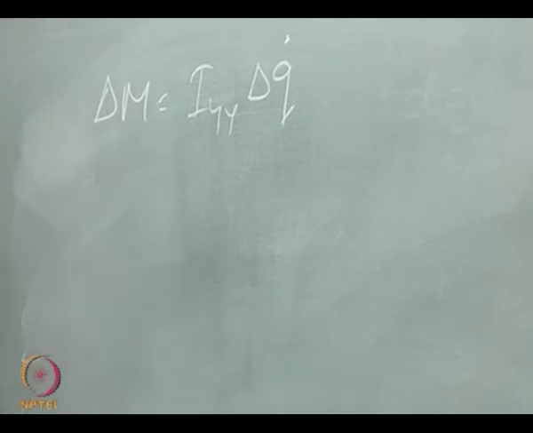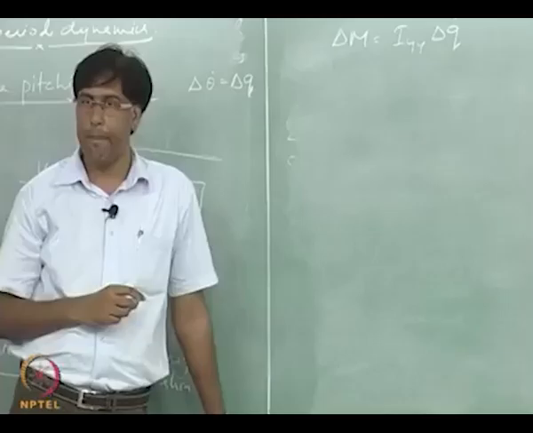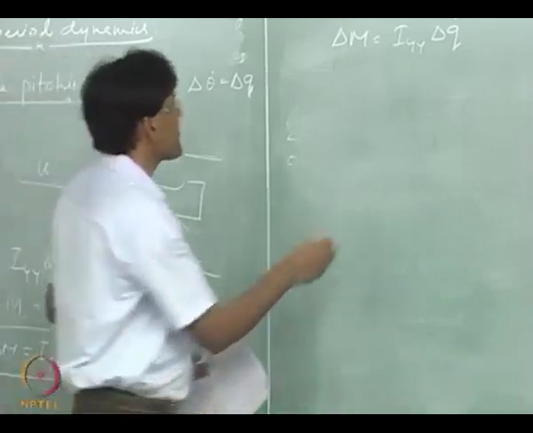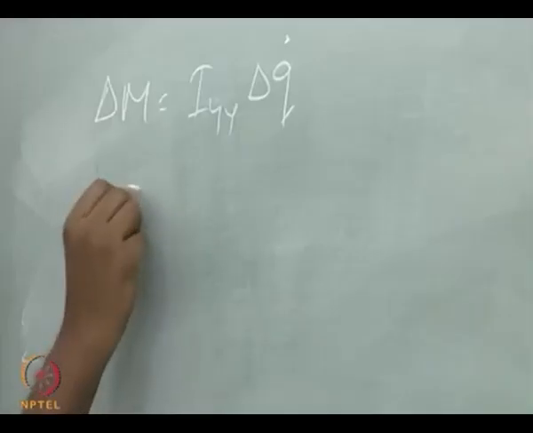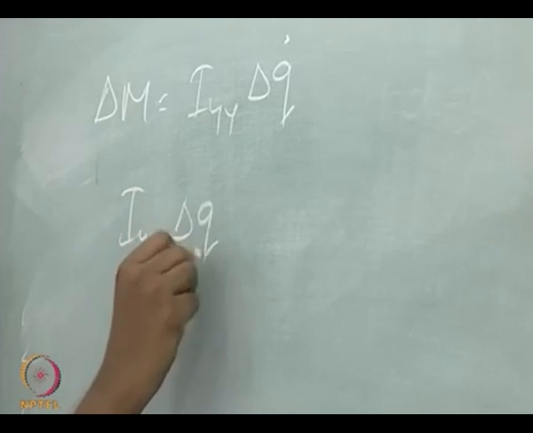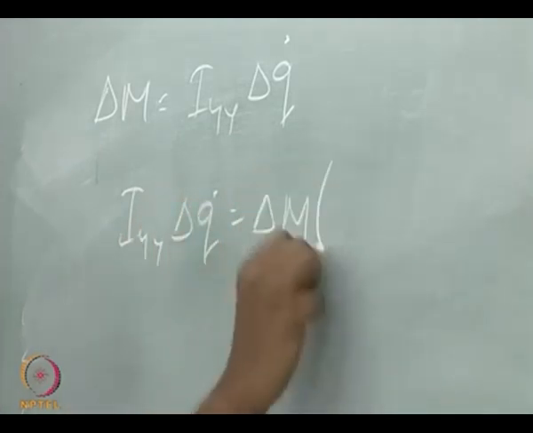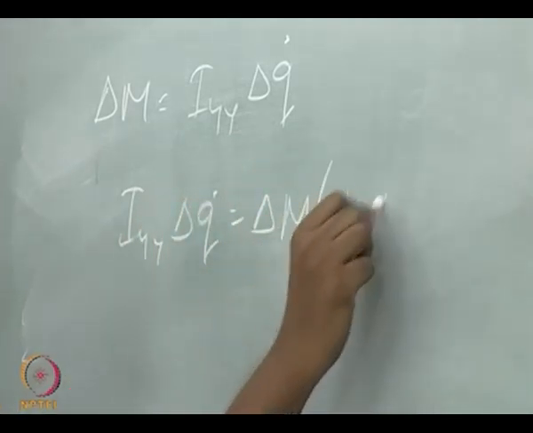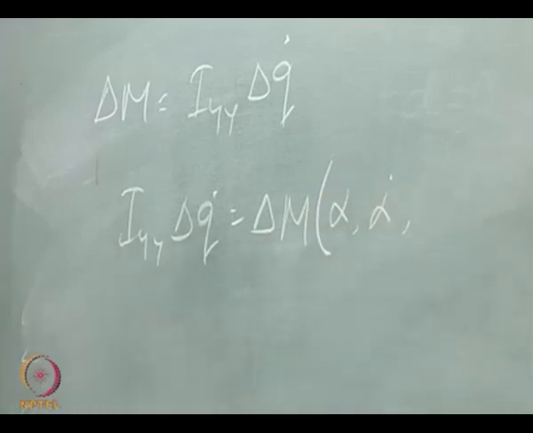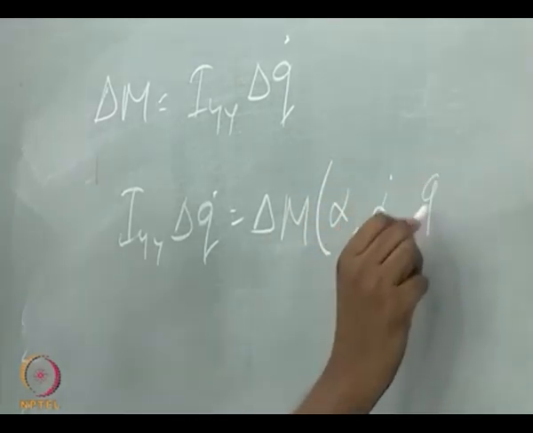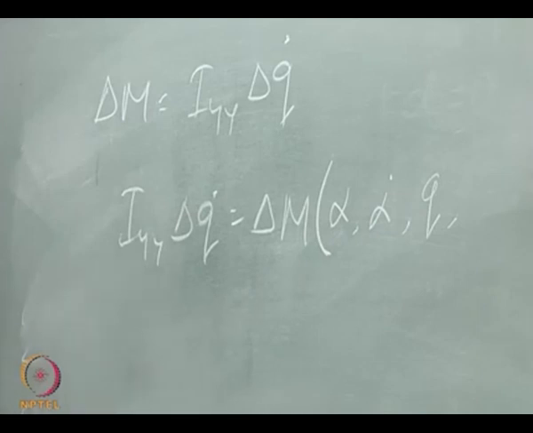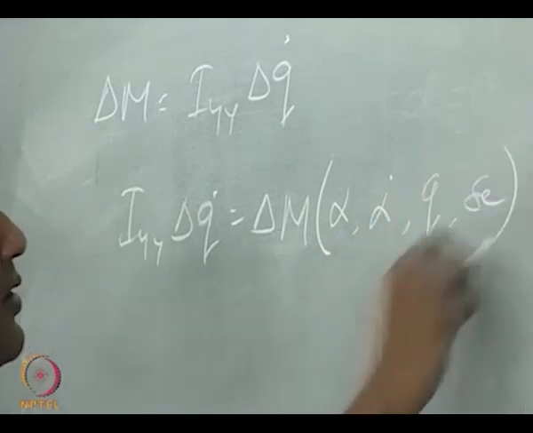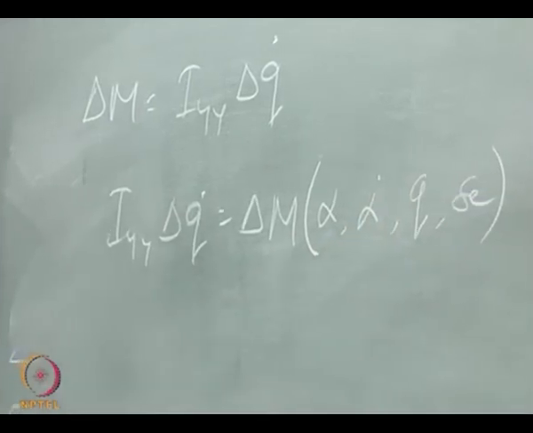And this delta m is going to be a function of alpha dot, right. Anything else? Right.